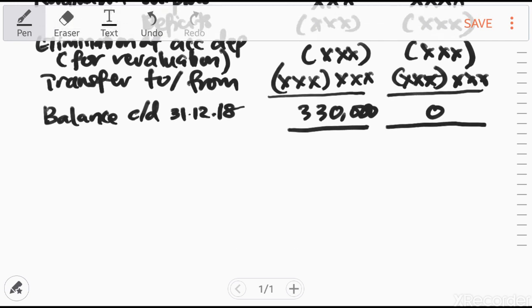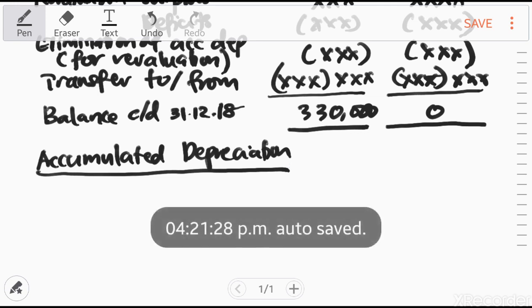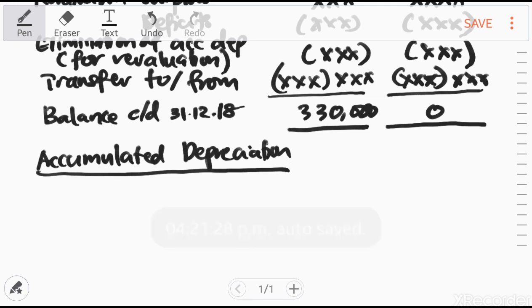If we proceed, at the bottom here will be the one that relates to accumulated depreciation. This is the one that you need to work out actually, because no information is given on what are the balances of accumulated depreciation at the beginning of this year 2018. So you need to work out.